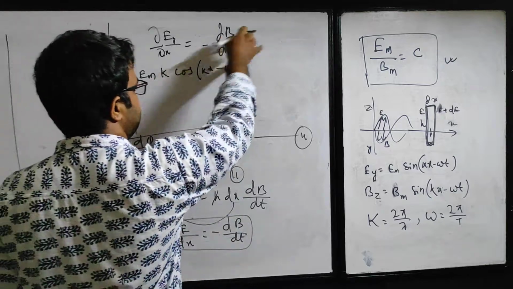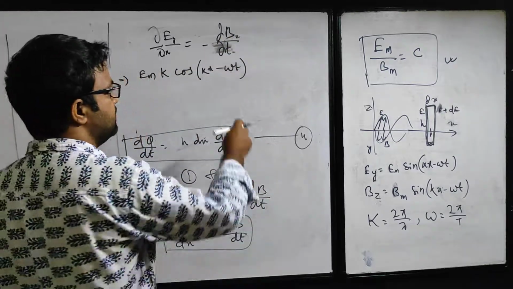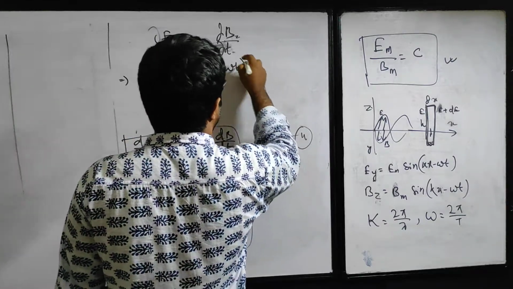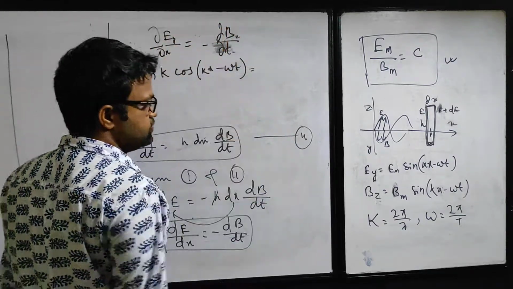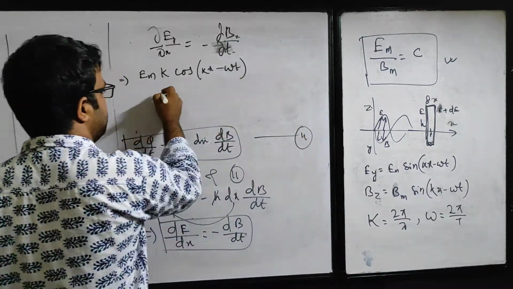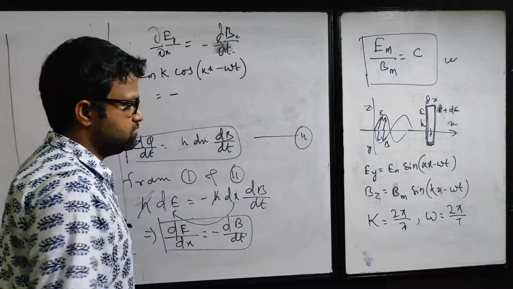And this term again you will differentiate, then omega t will become 0 and only k terms will be there, equal to what you get if you differentiate the other side.